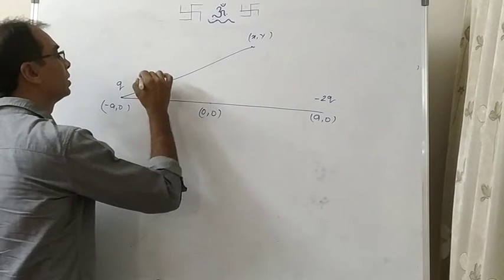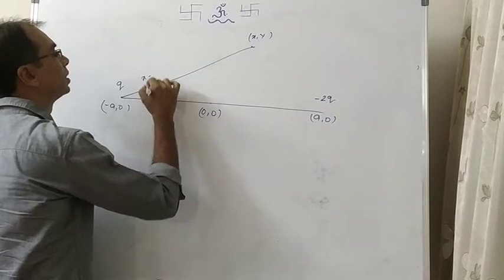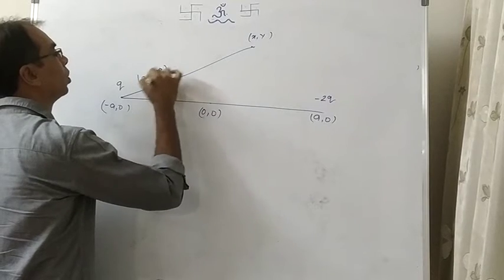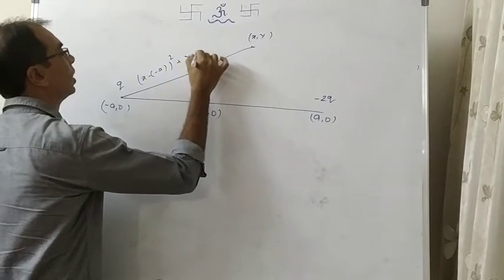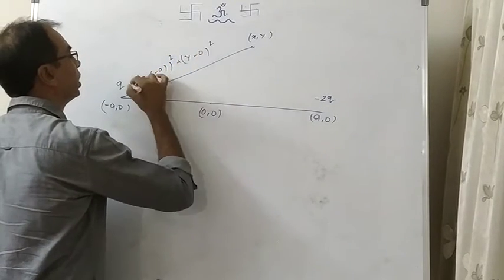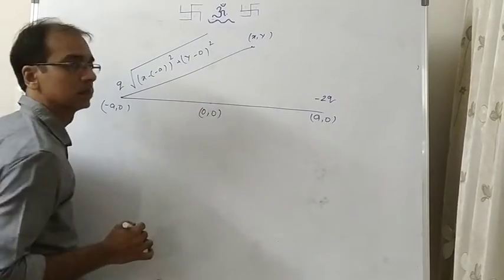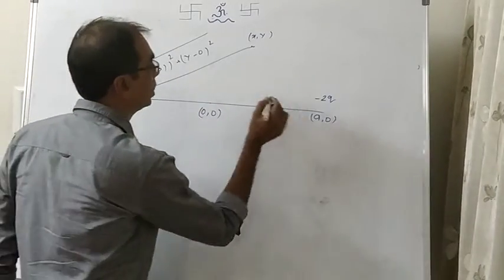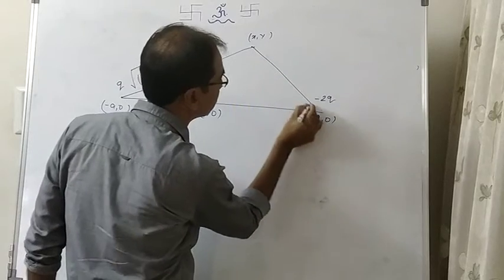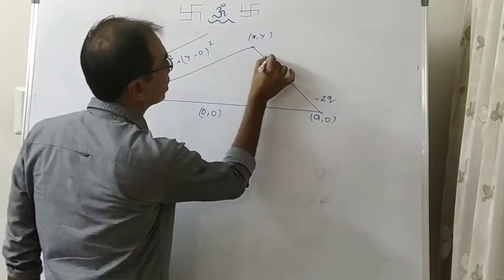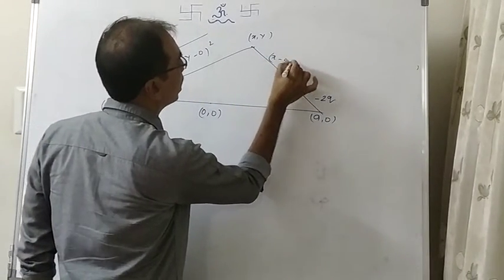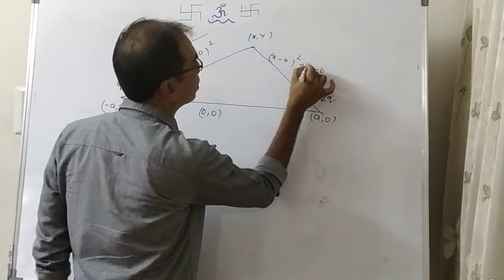We know how to find it: square root of x minus a whole square plus y minus 0 whole square. Same way from here also we require to join it. This is x plus a whole square plus y minus 0 whole square, under the root.